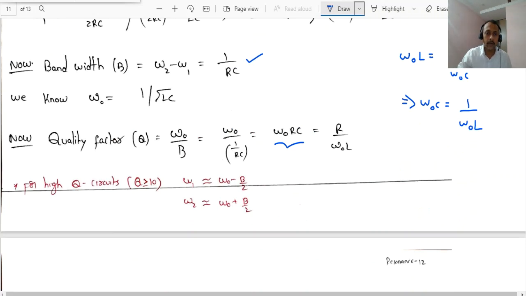Now, for example, if Q is very high, that means if it is greater than or equal to 10, what we can do is this lower half power frequency omega 1 will be approximately equal to omega naught minus bandwidth by 2. And similarly, the upper half power frequency omega 2 will be our resonant frequency plus half of the bandwidth.